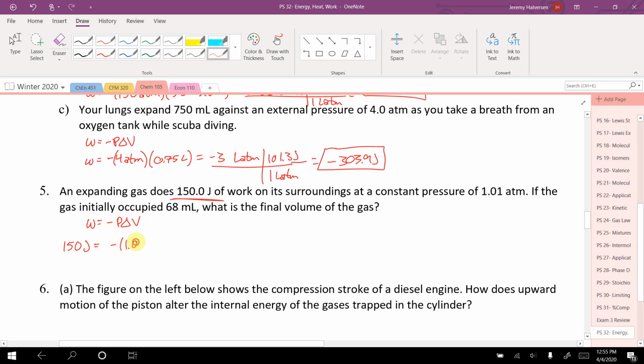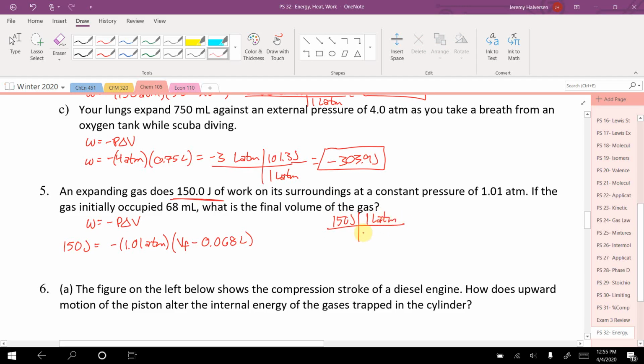They give us the pressure, and they give us the initial volume. We're looking for V final minus 0.068 liters. The problem here is that the left side of the equation is joules and the right side is liter atmospheres. We can't have that, so we've got to change one of them. It's easiest to change this 150. So let's change 150 joules to liter atmospheres.